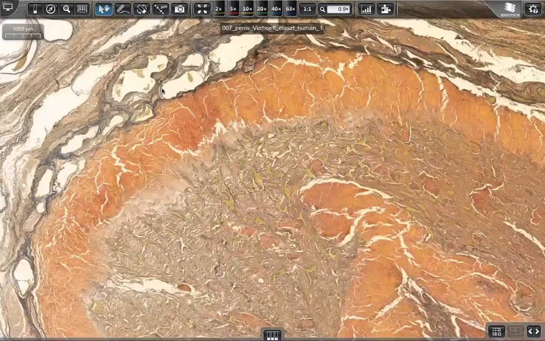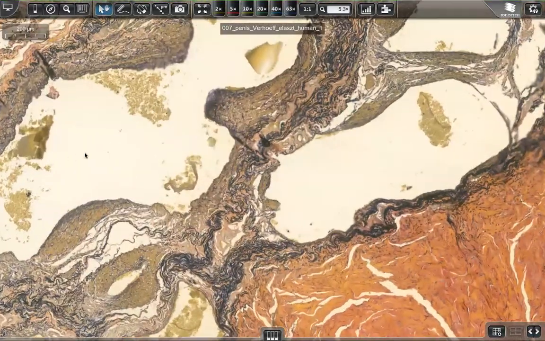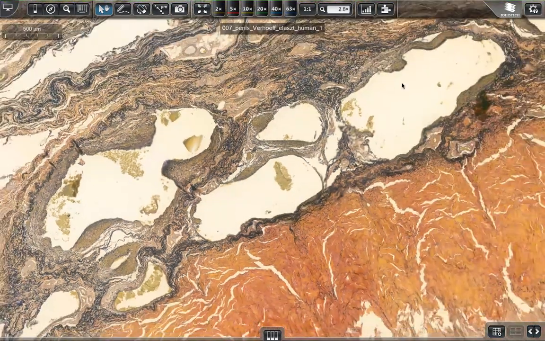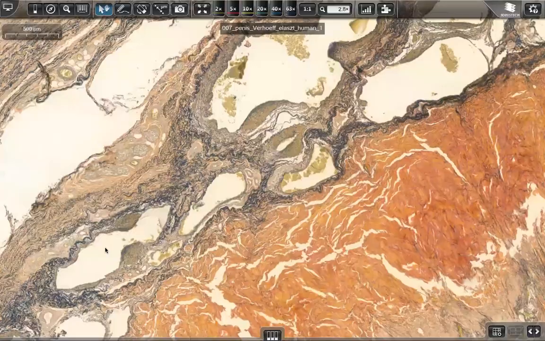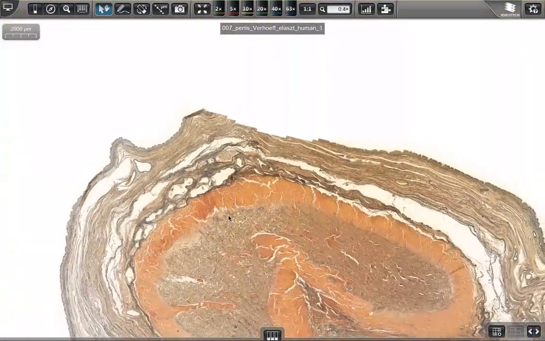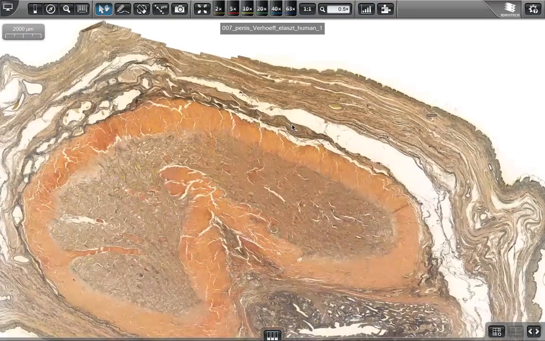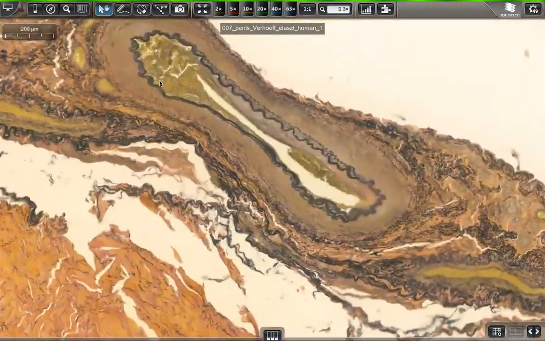These are the dorsal penile vein lumens. And then at the lateral side of the corpus cavernosum, we have the dorsal artery. So look at that, really nice.